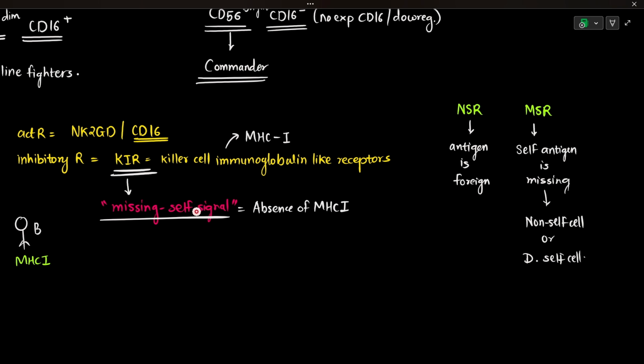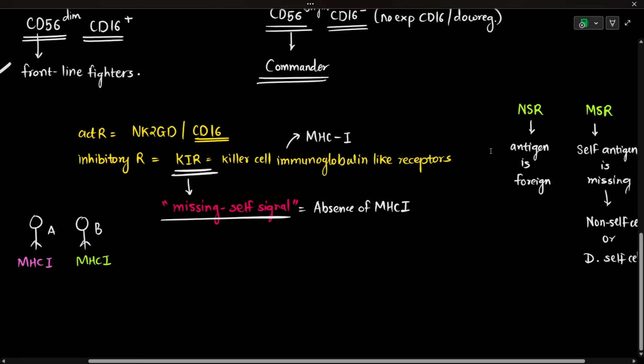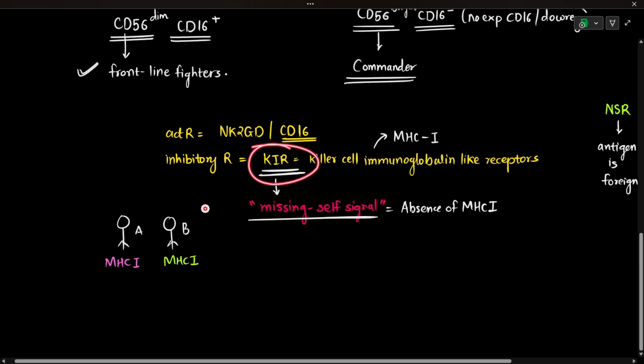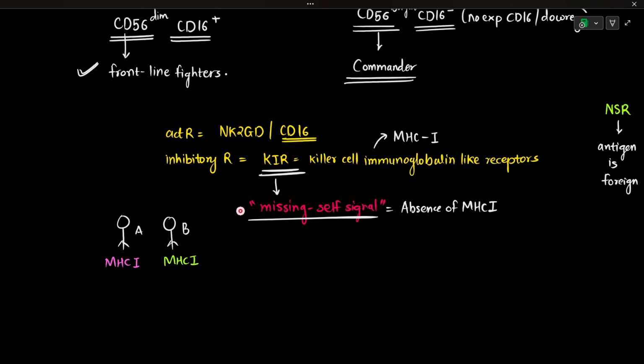So the natural killer cells are going to do the missing self recognition with the help of certain receptors, and that is going to result in natural killer cell activation. Whenever natural killer cells get the missing self signal, they are going to get activated.